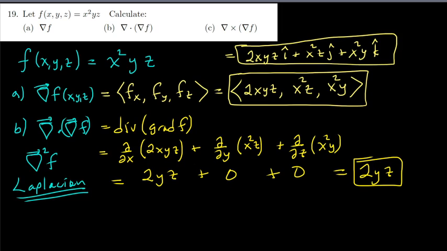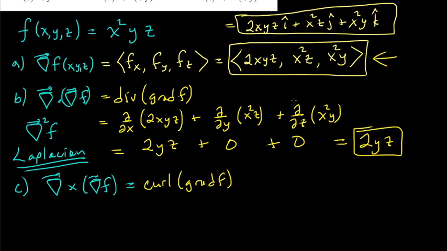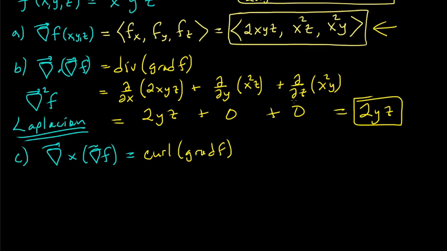And finally, part C is the curl of the gradient, right? So when you take the cross product, remember that means it's the curl. So we can think of this as the curl of the gradient of f. Again, we did the gradient in part A, so we just need to find the curl of that vector field.